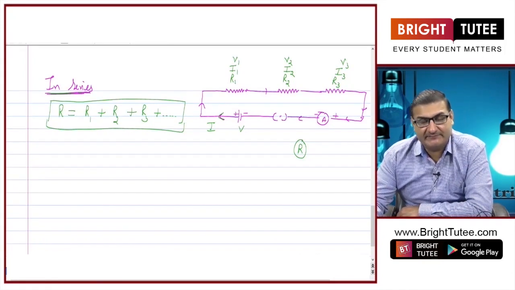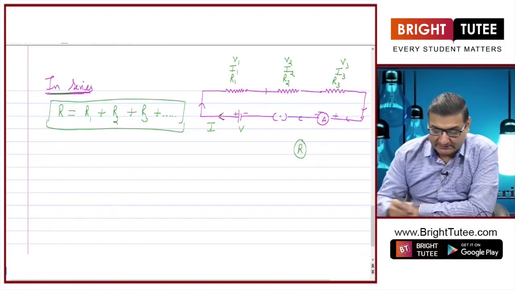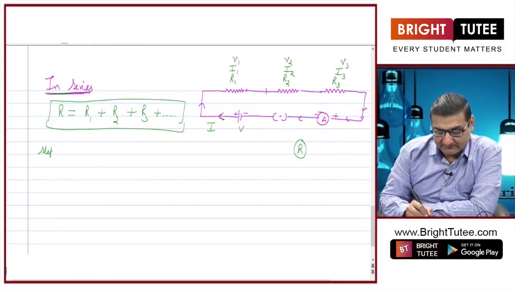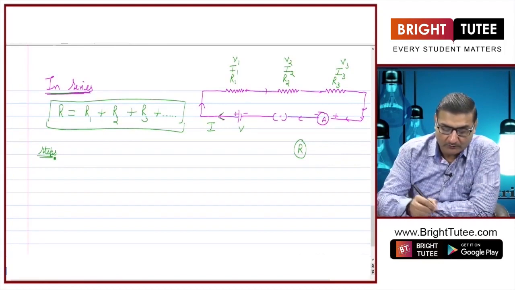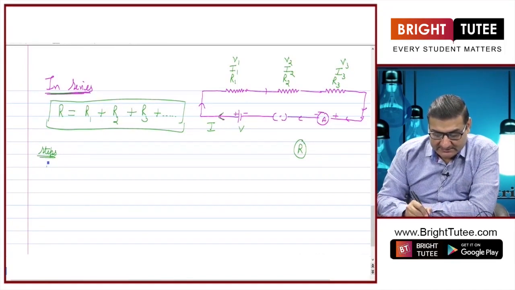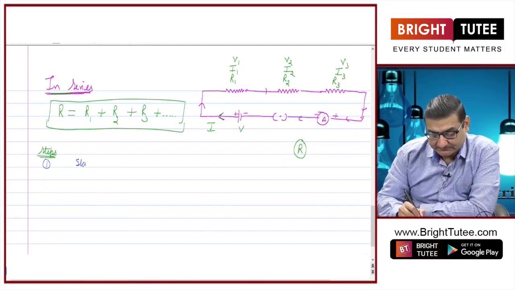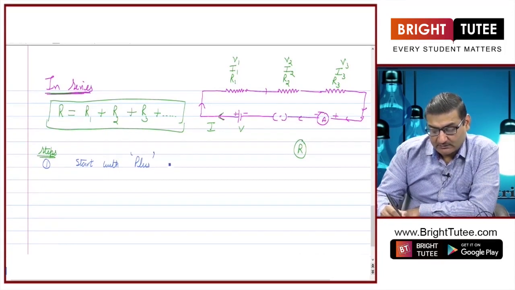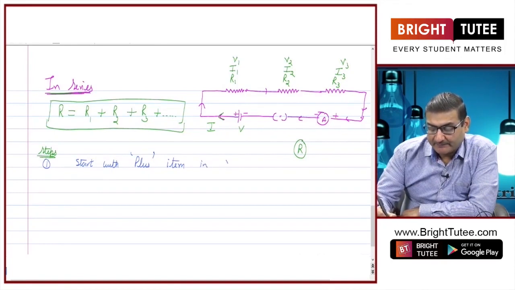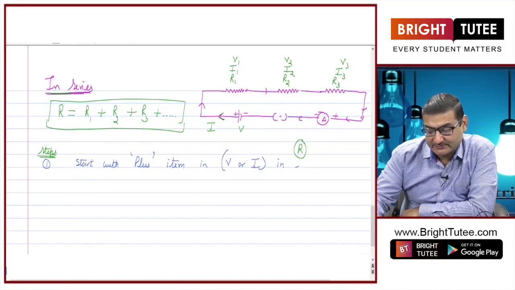And for this derivation, there are a few steps that I want you to follow. What are the various steps? First of all, I will start with writing V or I in series.